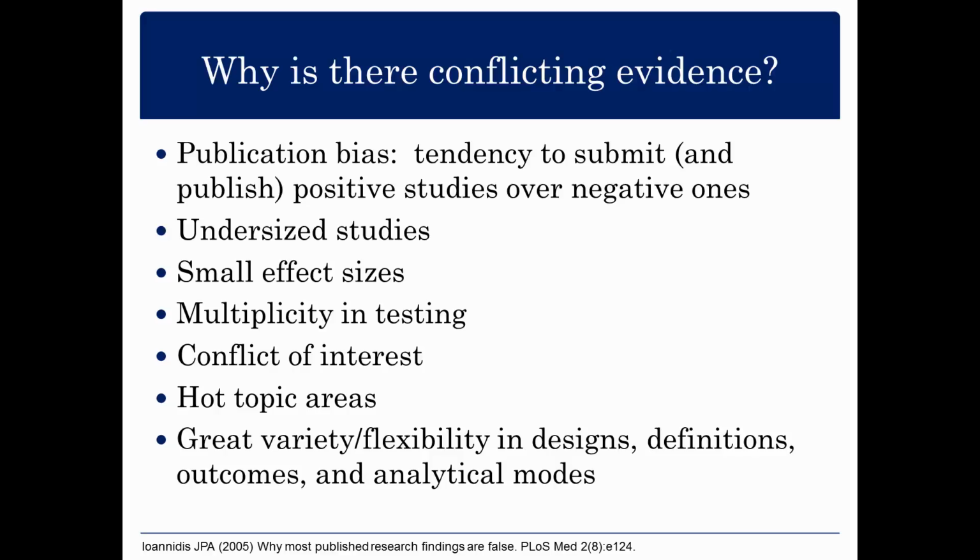Publication bias is the tendency for us as researchers to submit positive studies over negative ones. So if we're doing a study and we find a significant result, we've got to get this out. If we're doing a study and we find a negative result, meaning we didn't find an association or a difference, maybe that paper gets put in our shared drive and we'll deal with that when we have time.